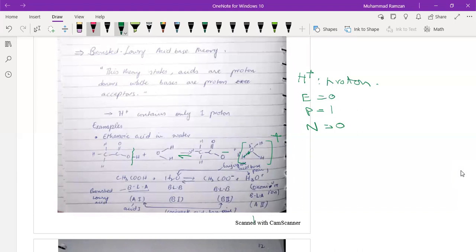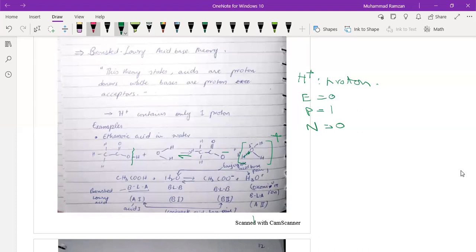Acid 1, base 2, base 1, acid 2. On the reactant side, this is ethanoic acid. When it gives H plus, it becomes base.